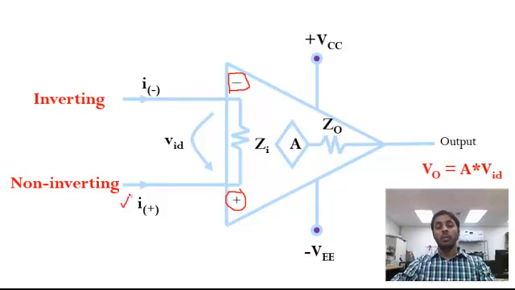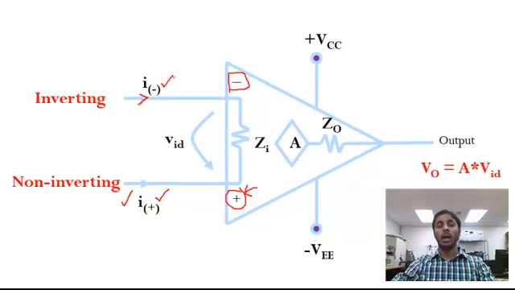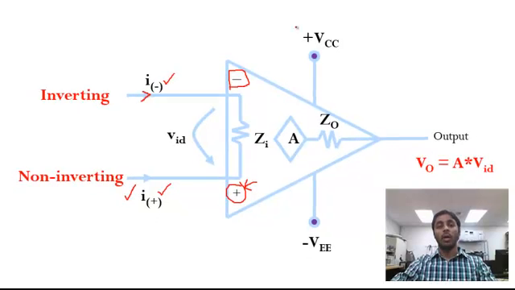I'm going to assume the current going into the non-inverting terminal is I+, and the current going into the inverting terminal is I-. And we already are aware that an op-amp requires two power sources, a positive VCC, or positive power source, and a negative VEE, or negative power source, and one output terminal.